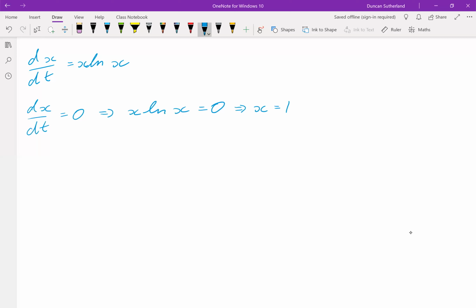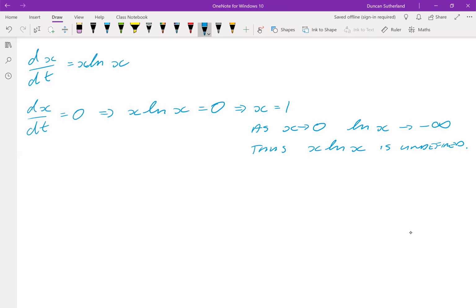x = 0, which looks like a solution because x times log, that looks like it should be 0. It doesn't actually work. Or actually, as I should say this formally, as x tends to 0, log x tends to negative infinity, and thus this is undefined.